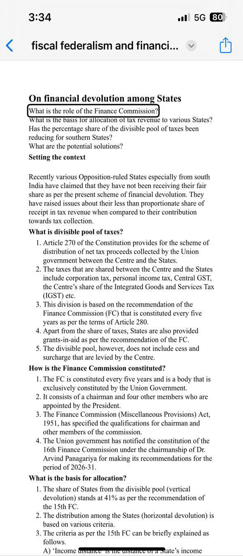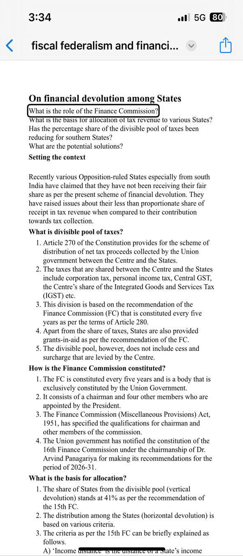The income distance of the state in relation to the per capita income. For instance, if the per capita income of the state is lower in comparison to the aggregate income, then to ensure equity, that particular state will be provided more tax revenue from the center.